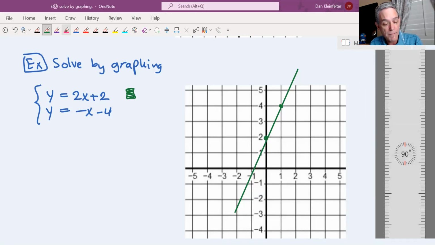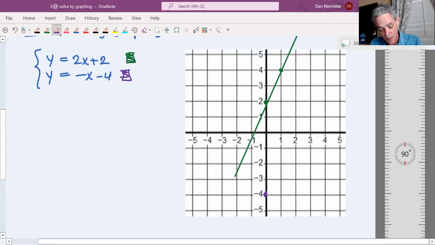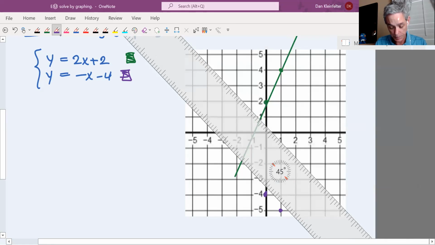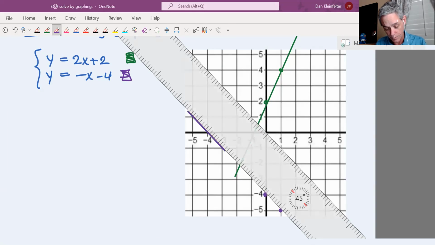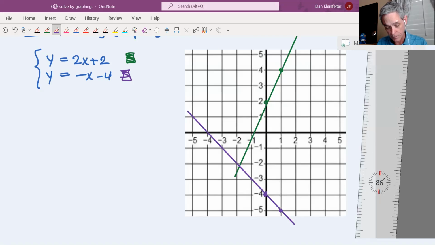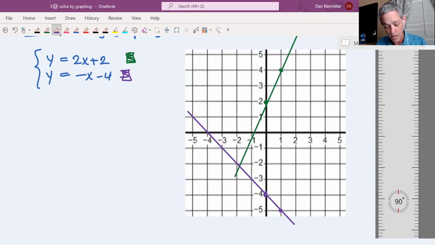Okay, and then let's go purple for the other one. The other one has a y-intercept of negative 4 and a slope of negative 1. So I can go down 1 and right 1. Make the second one.